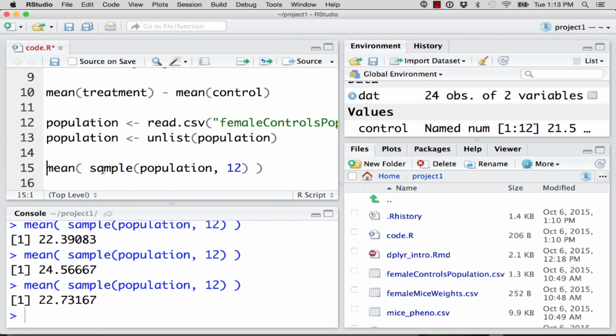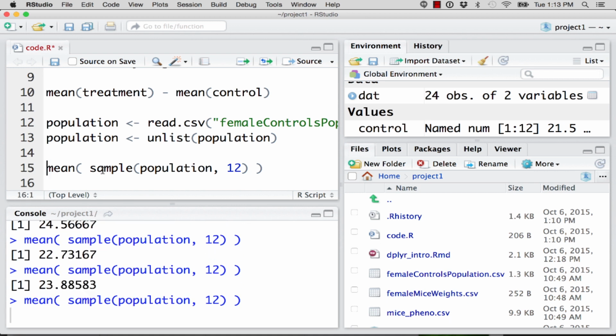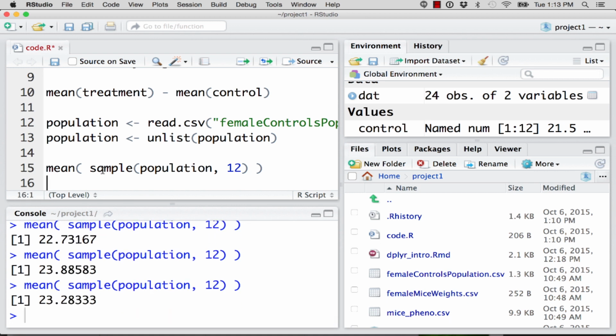Now, this is where statistical inference is going to help us answer questions related to the scientific question: was it the high fat diet that made the difference, or was it just due to chance?